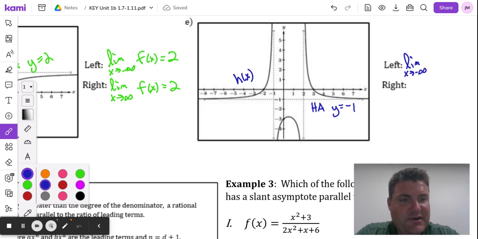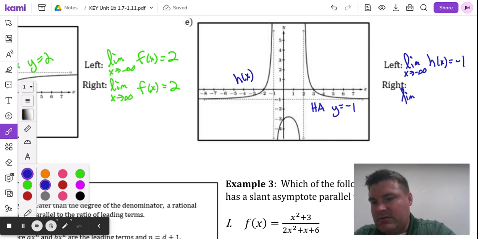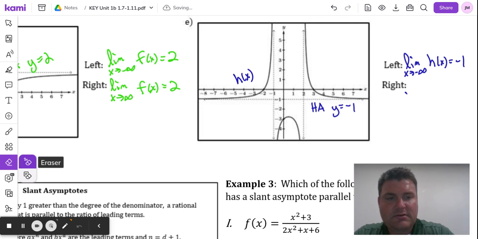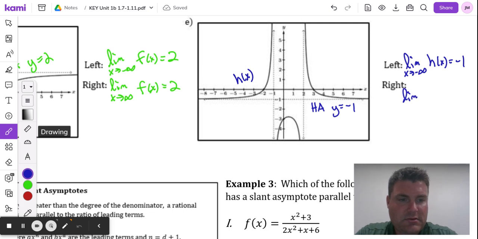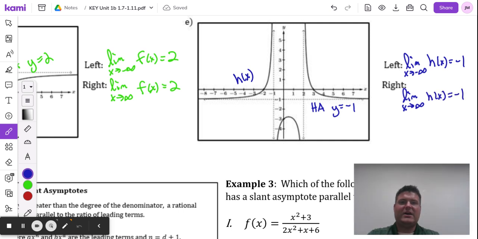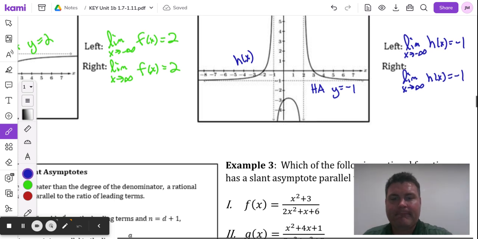As we approach negative infinity of h of x, it'll give me -1. All right, easy squeezy, lemon peasy, right?